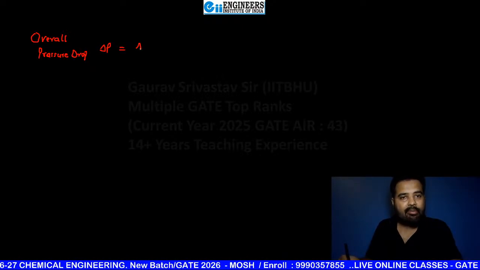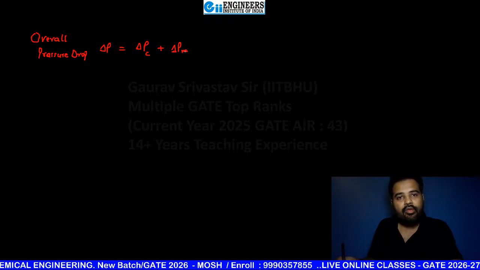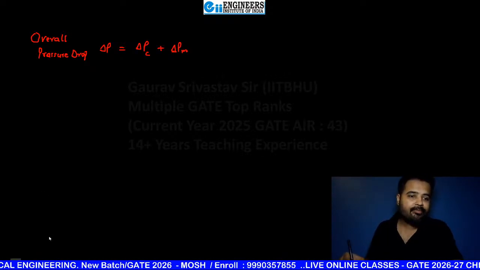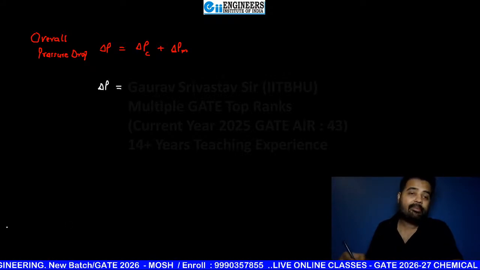You have seen delta P is nothing but delta Pc plus delta Pm. Just put values here. So delta P is equal to, what was delta Pc?